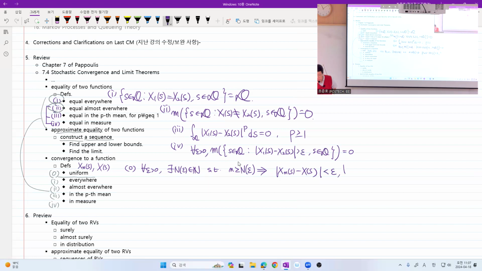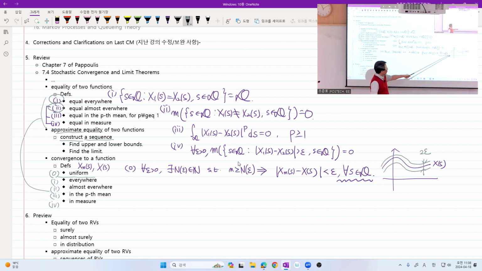Here is the important part: for all s in the domain. This is very important. So we want to bound x of n using plus minus epsilon.